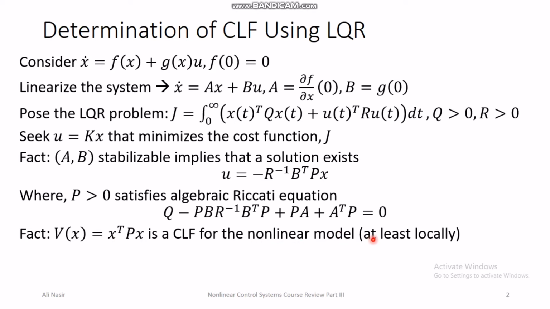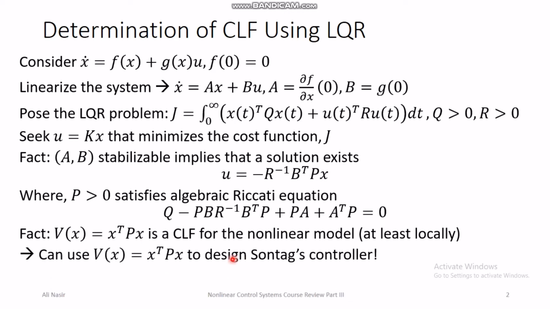Once you get the CLF for the nonlinear model, it is very easy to design the Sontag controller using the CLF for the system. So this is a very interesting approach, where an LQR based methodology is used in determining the CLF for the nonlinear system.